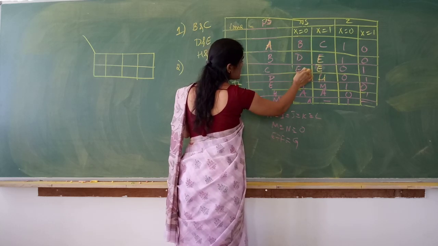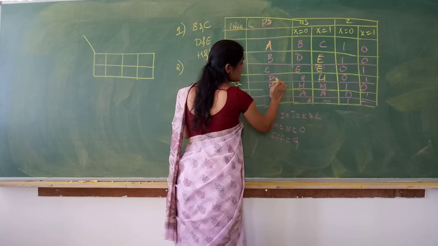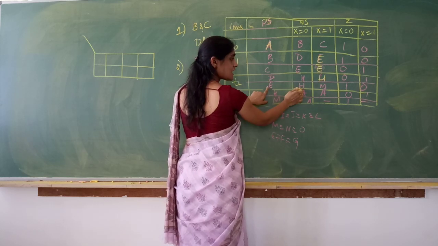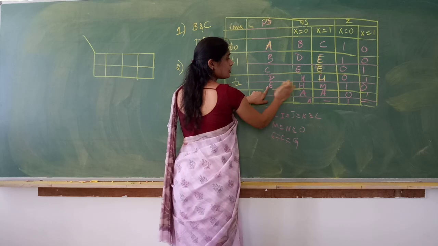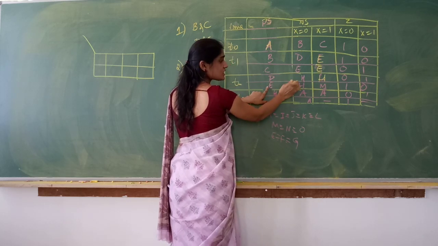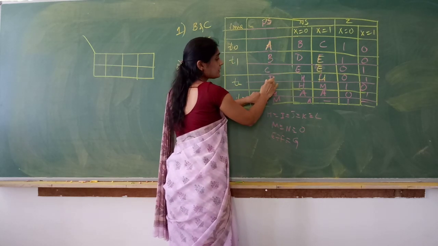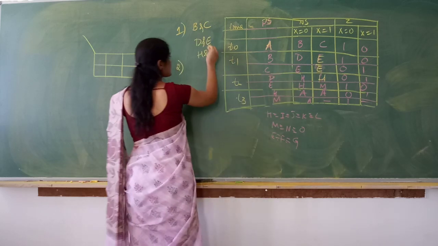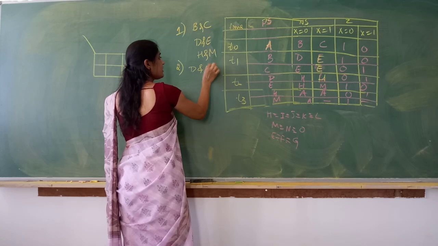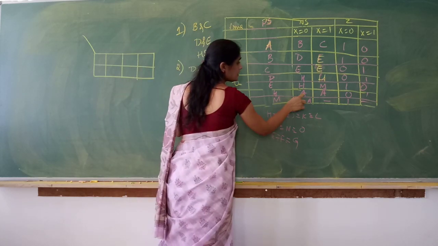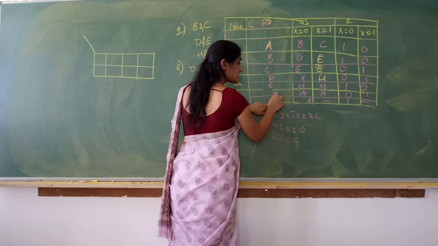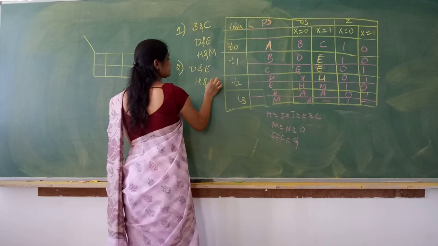For state D, what is the next state? H. For state E, what is the next state? H. So for a given input, these two states have the same next state, and D and E should be adjacent. Already I have written that here. And for H, A is the next state. For M, A is the next state. So H and M should be adjacent.